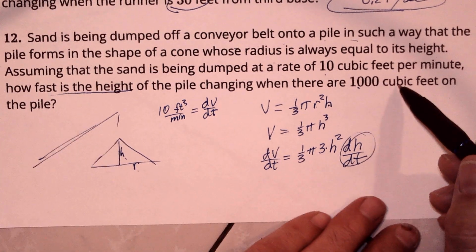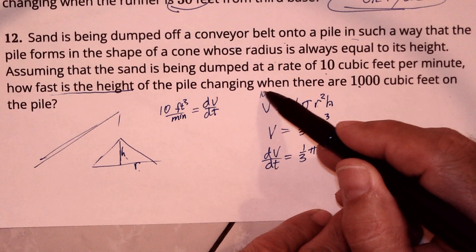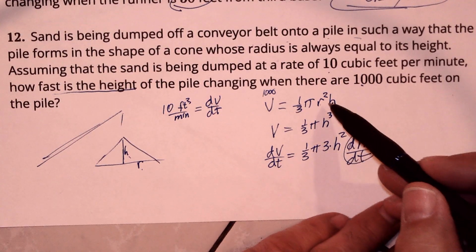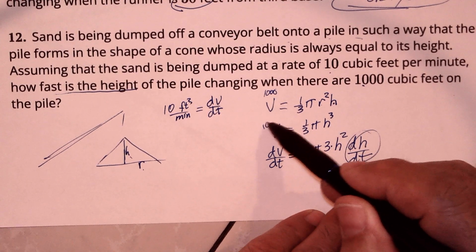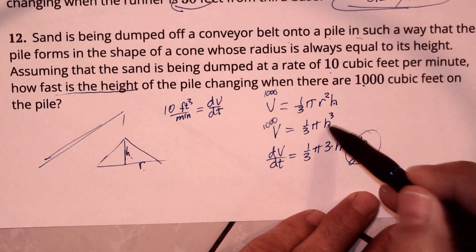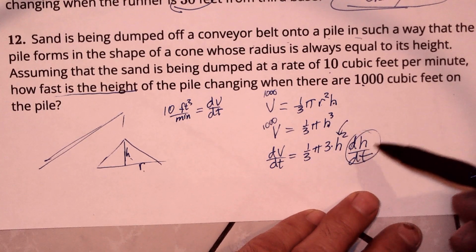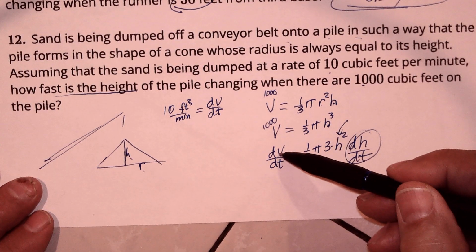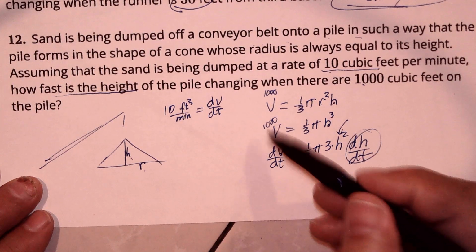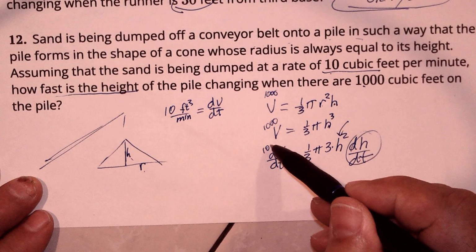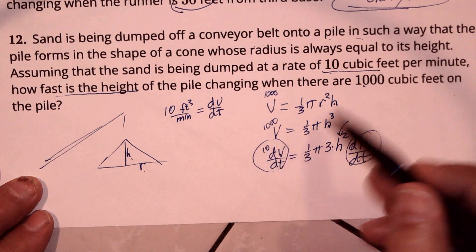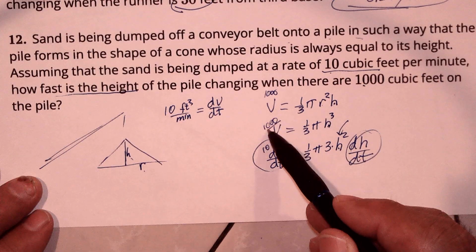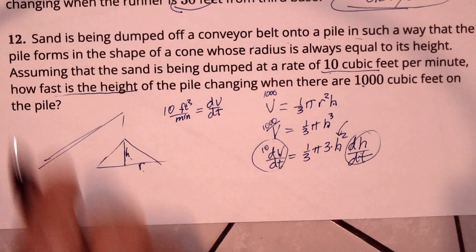When the volume is 1,000, we have to go back here and put in 1,000 and figure out how high it was, because we need a height. And we need the change in the volume, which they said 10 cubic feet per minute. So 10 goes here. We have to figure out h using the 1,000, and then we can solve for this.